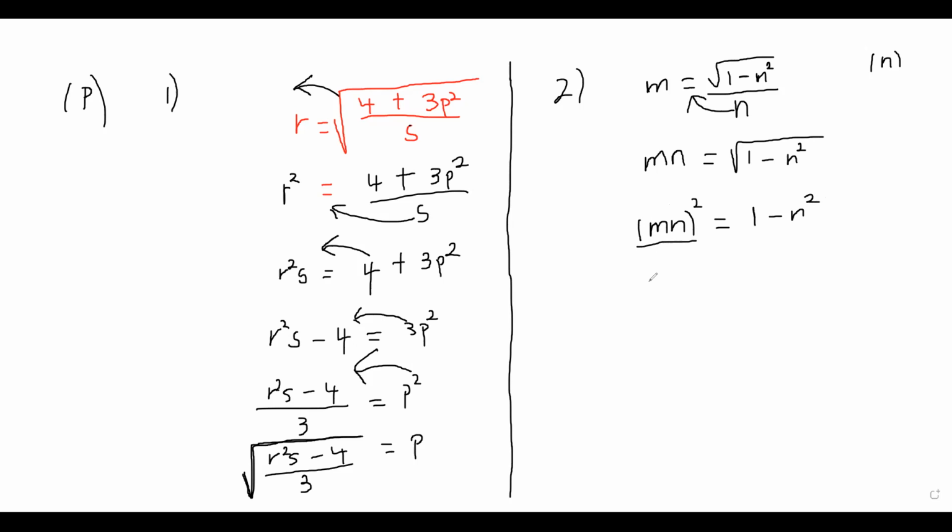So m squared n squared is the same thing as putting mn in a bracket and squaring it. We square them individually. When you see this, know that both m and n are squared individually. So this is what we get.